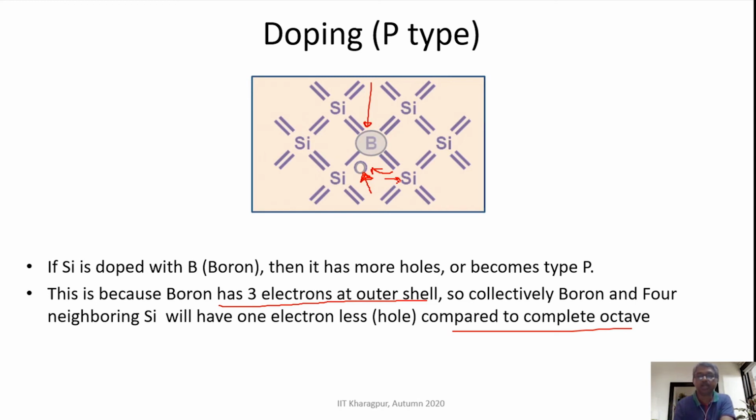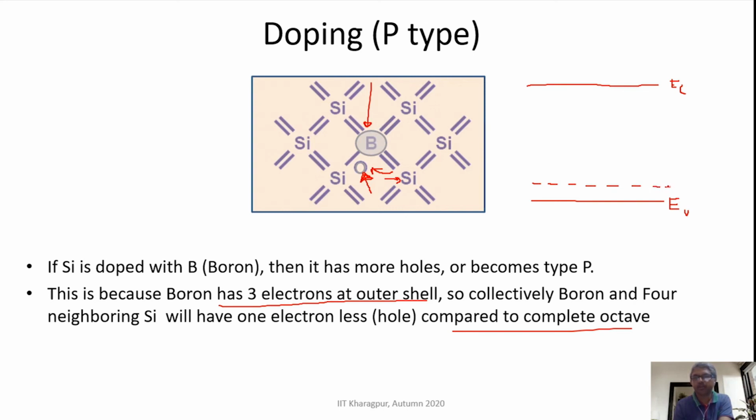But in case of boron doping, let me draw that diagram again. So this is my conduction band, and this is my valence band. Now when you dope with boron, it is found that the energy level is very close to that of the valence band.